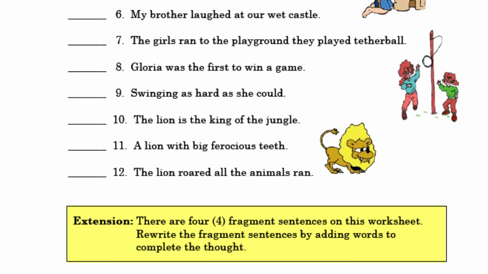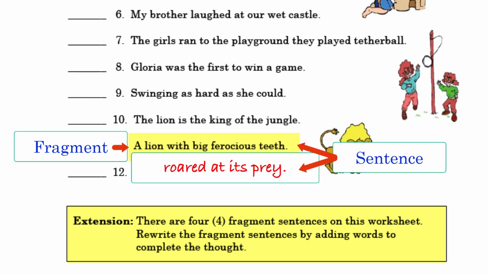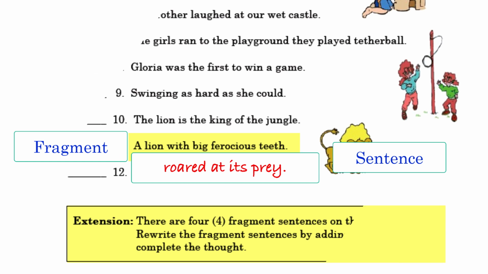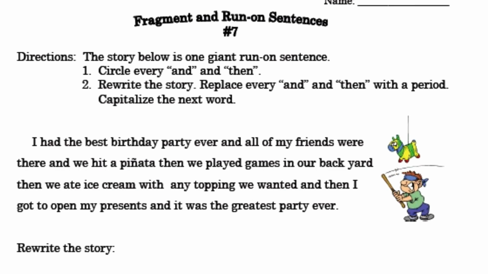So here's an extension which makes a great journal activity where students need to add subjects or predicates to turn fragment sentences into sentences. There's lots of journal extensions like this to help burn this concept into the students' brains. And here's another worksheet where students need to fix run-on sentences.